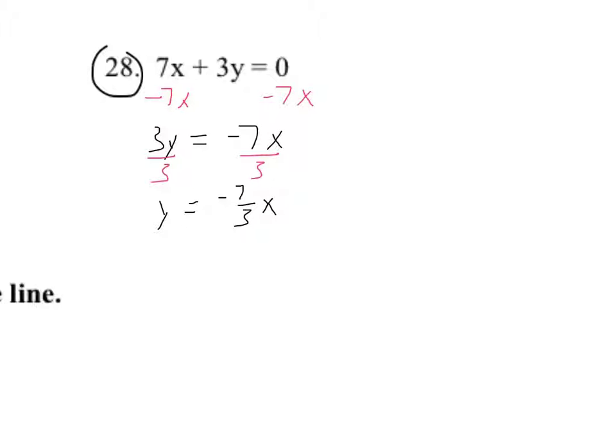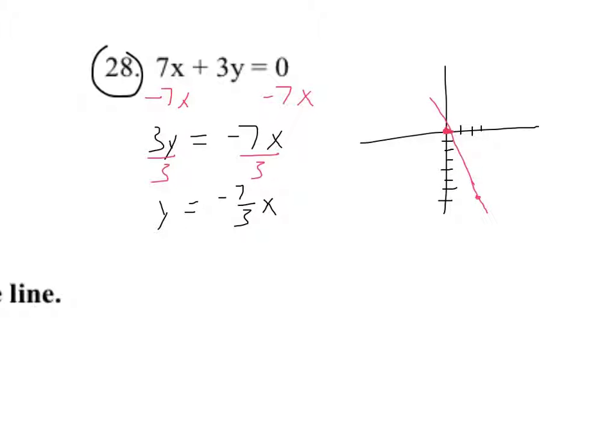We had difficulty graphing this one in the quiz because we had a y-intercept of 0. But we just have to remember that if the intercept is 0, we use our slope, which is down 7 and to the right 3, to get our next point.